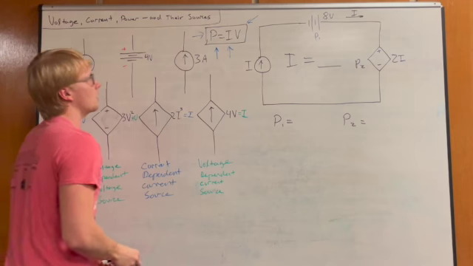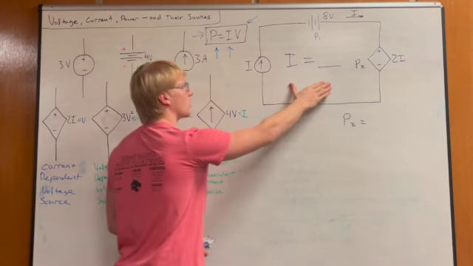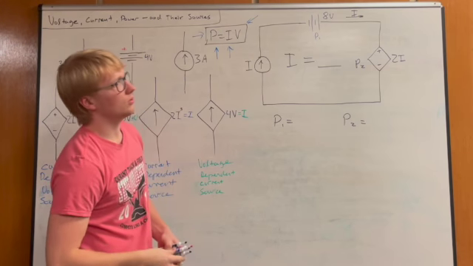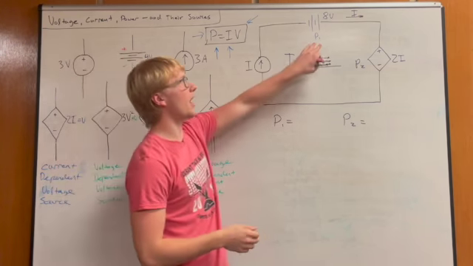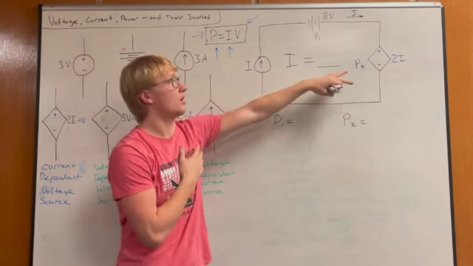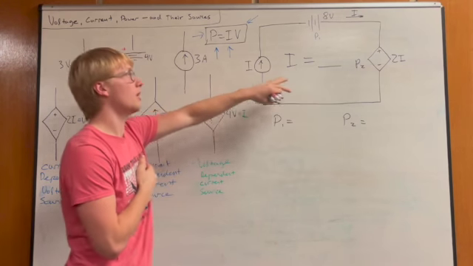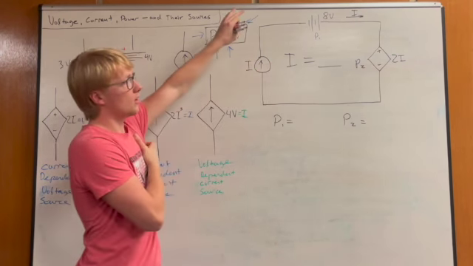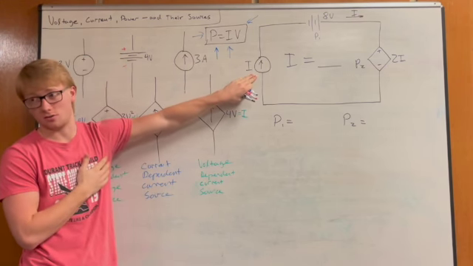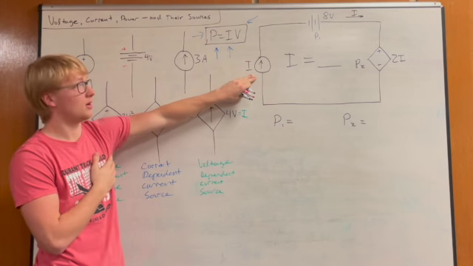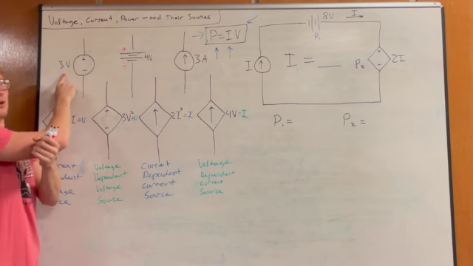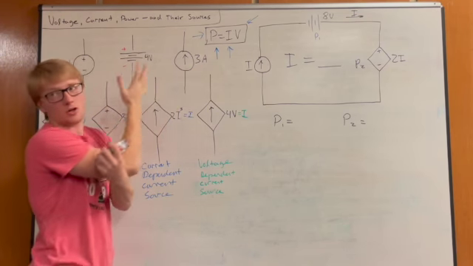This circuit right here is a pretty simple circuit, and we're asked to define the power at these branches, those two right there, P1 and P2. We have an independent current source, whose number is a number that you're going to make up.